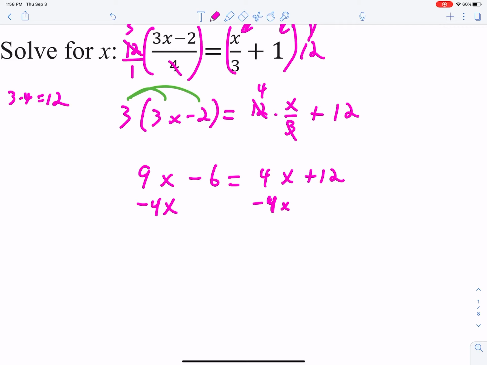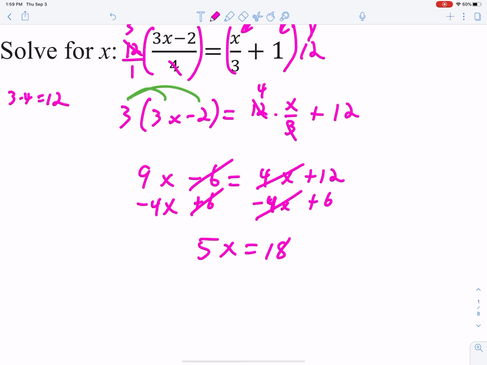And since we want this 6 out of the left side of the equation, we'll add 6 to both sides. Okay? So negative 6 plus 6 is 0. 4x minus 4x, that's 0. So we have 9x minus 4x is 5x. And 12 plus 6 is 18.